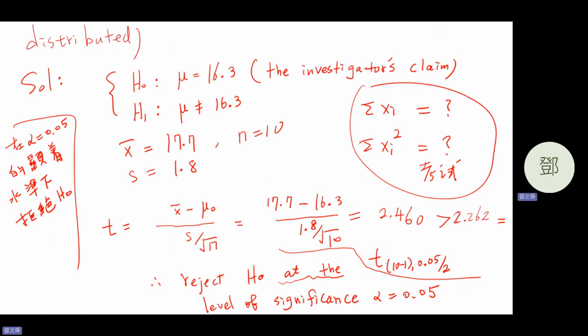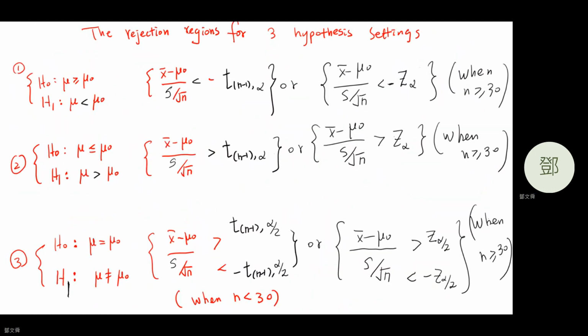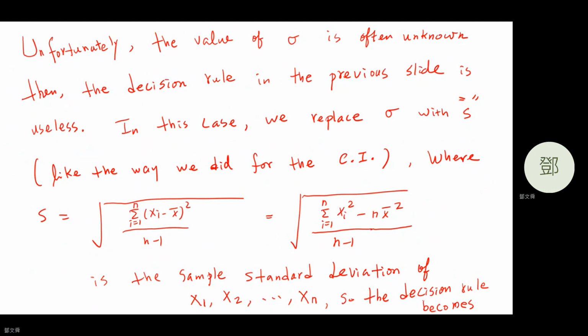If I give you the sum of x squared, then you should use this formula here to obtain this. I won't give you this directly. I will give you this and this, such that you have to obtain this by yourself.